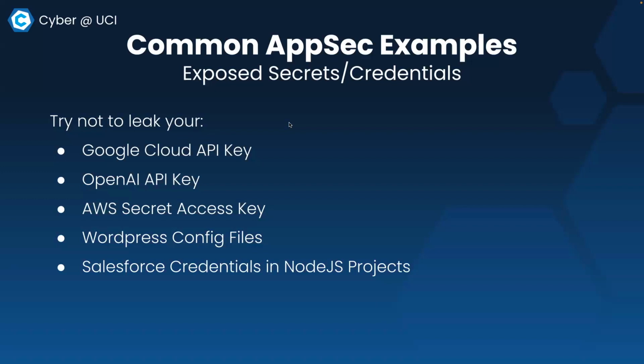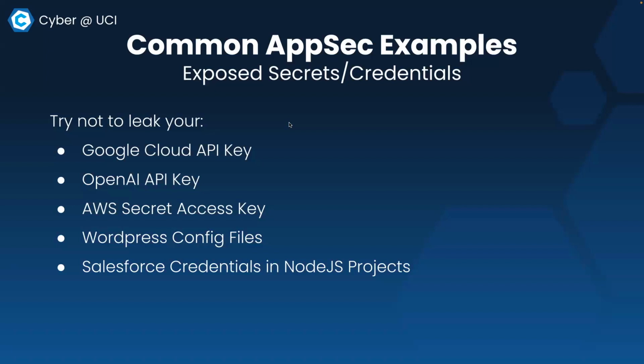And again, this has happened out there in the world, where people have had charges up to thousands of dollars because they left an AWS key public and someone was able to use that.